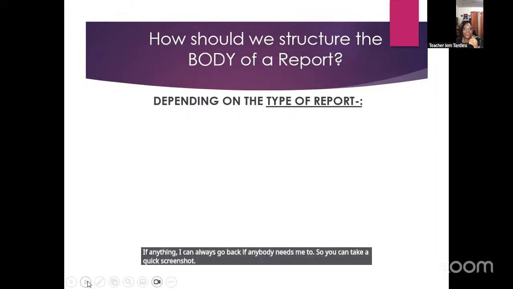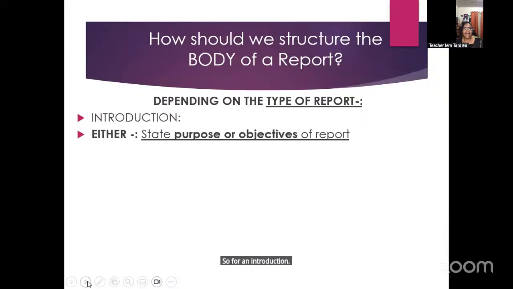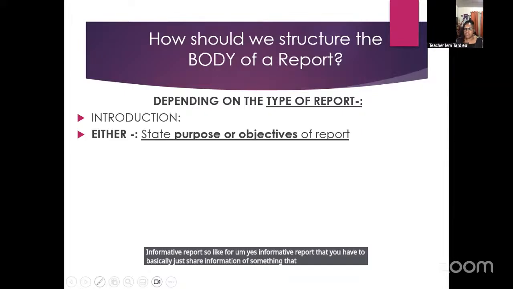How should we structure the body of a report? It depends on the type of report. So for an introduction, you may have to state the purpose or objectives of the report. So for example, if it's an informative report, where you basically just share information of something that is going to happen, an event, right?